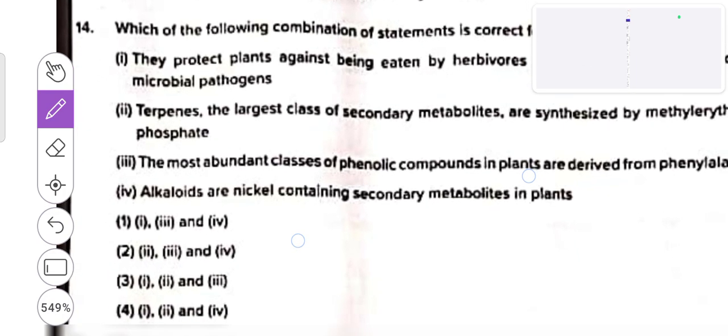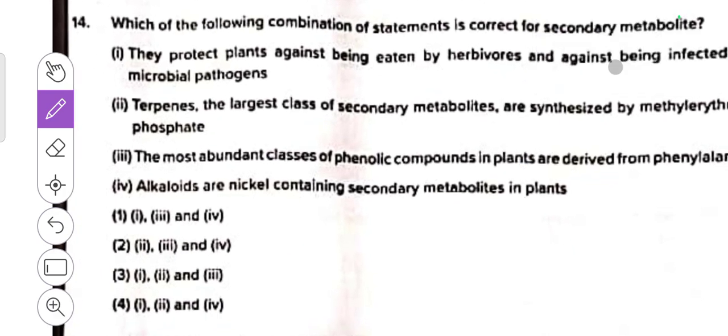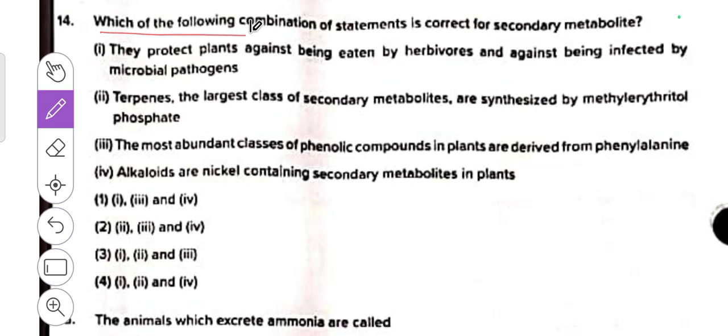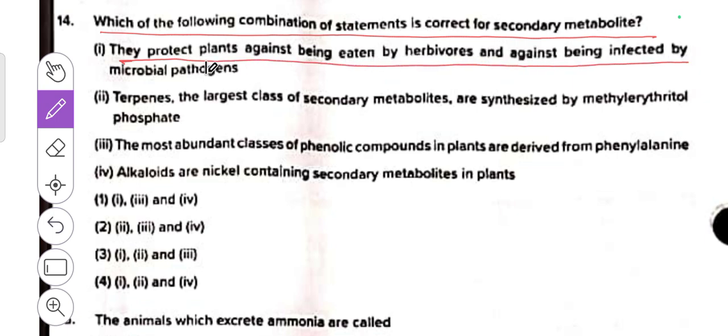Then 14th question. Which of the following combinations of statements is correct for secondary metabolites? Here, they protect plants against being eaten by herbivores and against being infected by microbial pathogens. This is true regarding secondary metabolites. Then, second one, terpenes, the largest class of secondary metabolites, are synthesized by the methyl erythritol phosphate pathway.